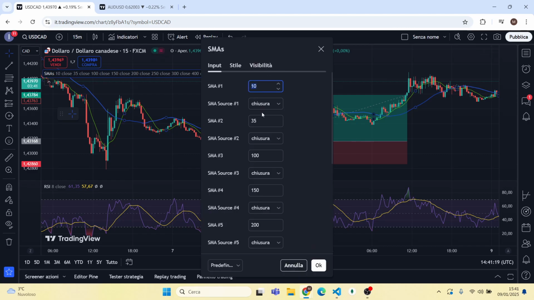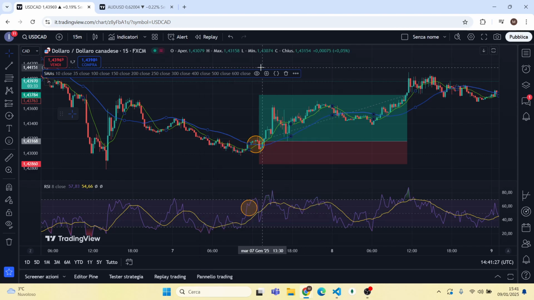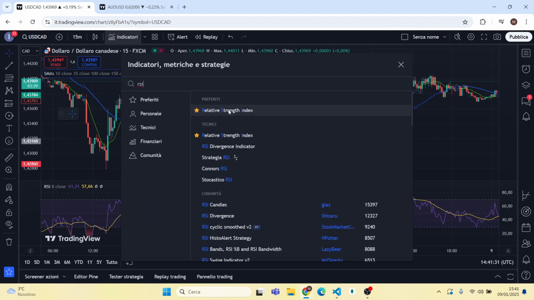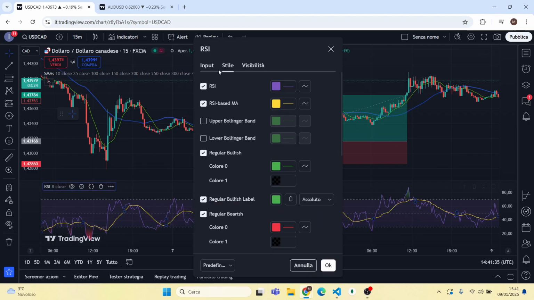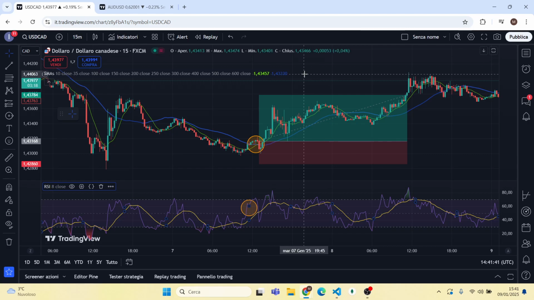You will need 10 and 35, and you will select only these two simple moving averages. Then you will need an RSI indicator. You search RSI, it is this one, and you will change this value from 14 to 8. And after that you will be ready to trade.